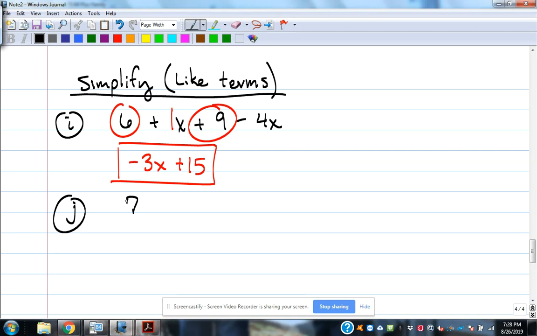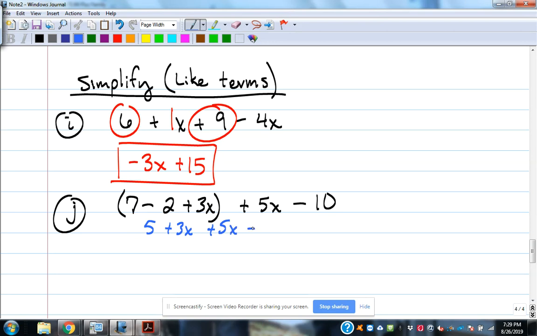Let's do this one. 7 minus 2 plus 3x plus 5x minus 10. There's some parentheses thrown in there to try and distract you. But we know those parentheses don't really matter on this problem. We're just going to work on the inside first, though, right? So 7 minus 2 would be 5.